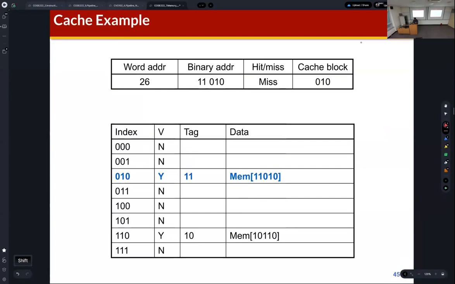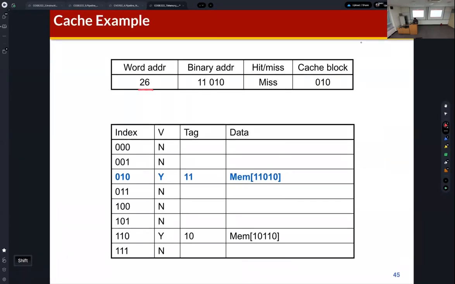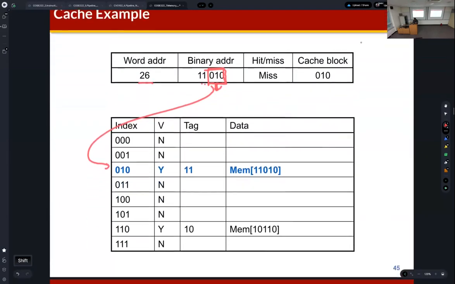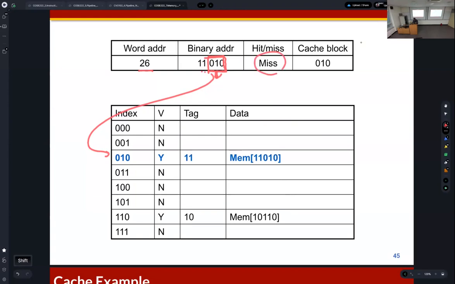Another request is given, the word address 26. So it's 11010. As I mentioned, these 3 bits are the cache index, right? But this entry is invalid, right? So it's also a miss. You understand? Miss.